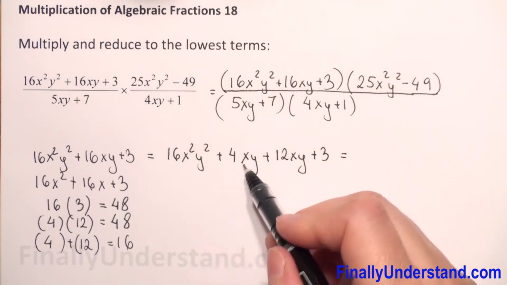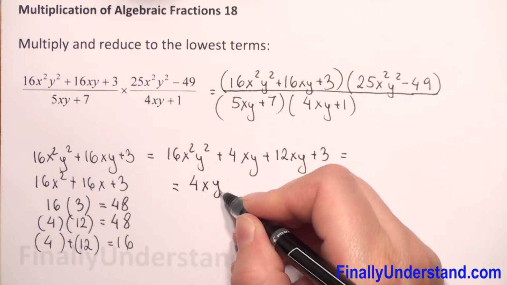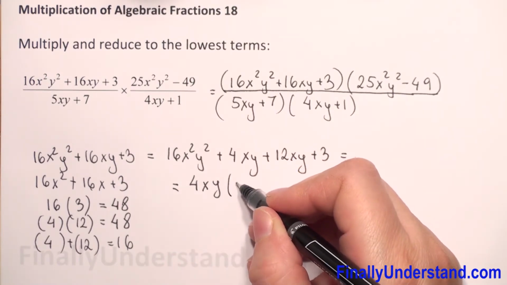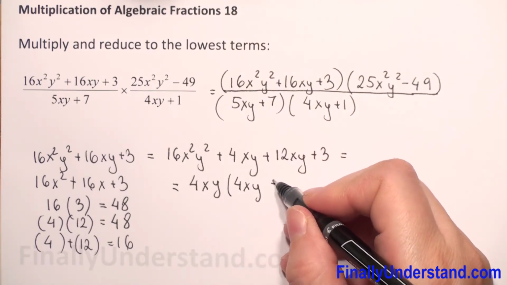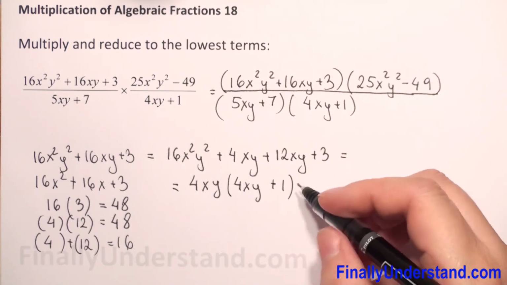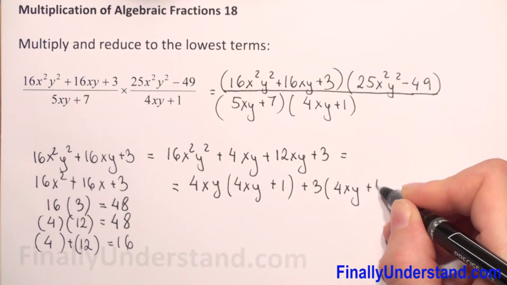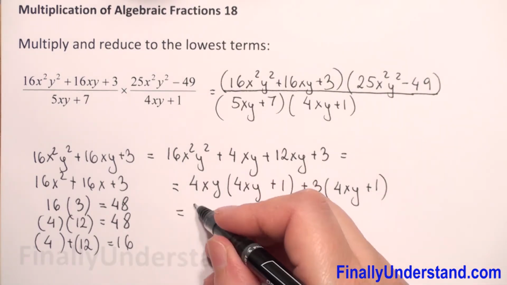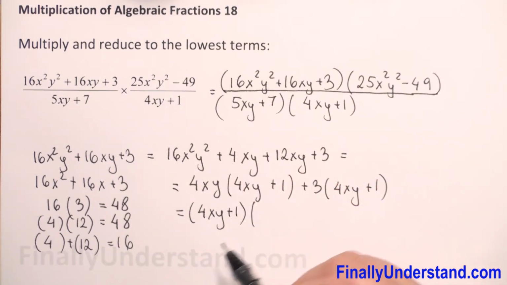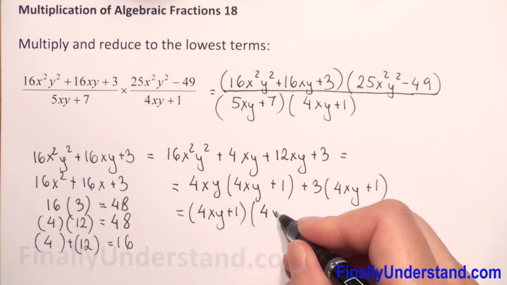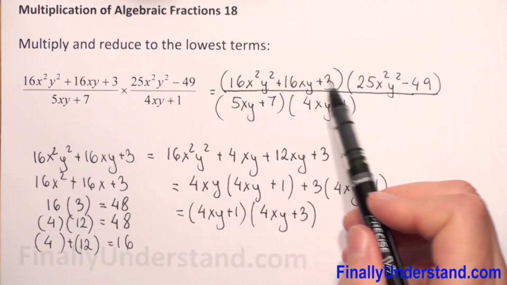So now from these first two expressions we can factorize 4xy, and in parentheses we will have 4xy plus 1, and from these last two I will factorize 3, so it will be 4xy plus 1. So now we can factorize 4xy plus 1, and whatever is left will be in the second parenthesis, so 4xy plus 3.